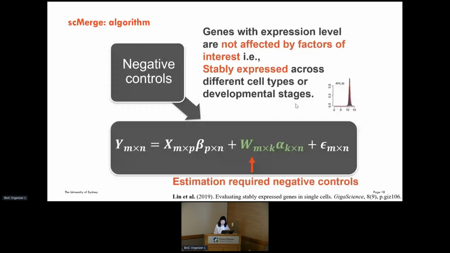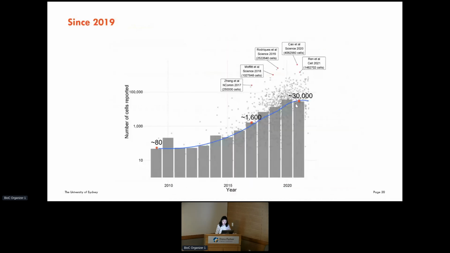And we have a framework to identify such unimodal genes in the smart-seq data. And we utilize this list of genes, usually in the single-cell RNA-seq adjustment. And yeah, so these are the two main components that we have for our algorithm.